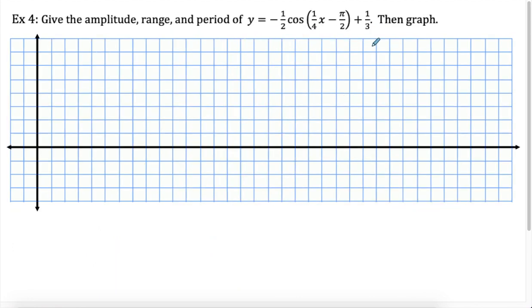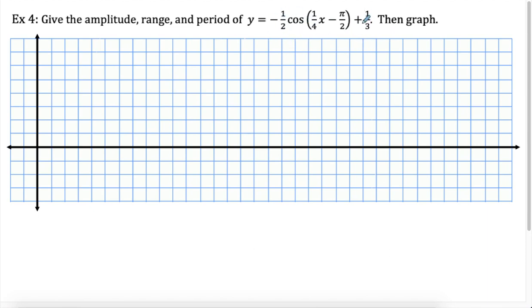Okay, so here, again, we've got lots of fractions, but nothing to be alarmed about. My midline is going to be at 1/3, and then I want to go up and down 1/2 from that. So to think about an appropriate scale, we probably want to use the same denominator.